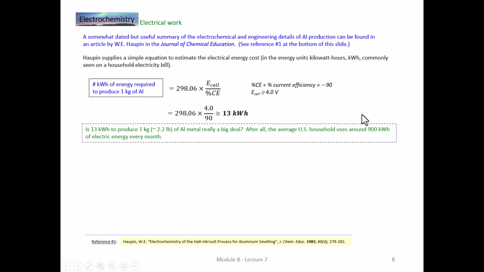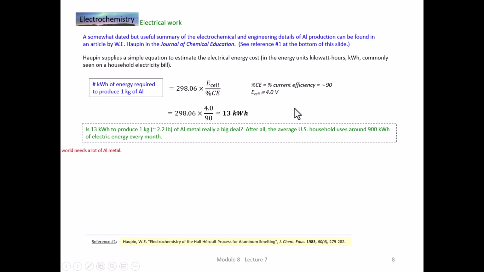So you might ask, is this a big deal? After all, if you look on a power bill that you would get at your home or apartment, the average US household apparently uses about 900 kilowatt hours of electrical energy every month. So you'd think, 13 kilowatt hours to produce a kilogram of aluminum doesn't seem like a lot.